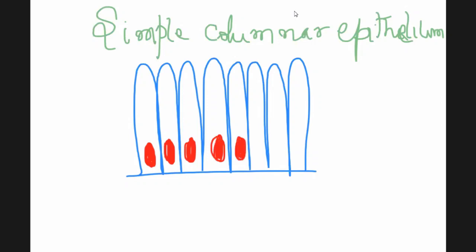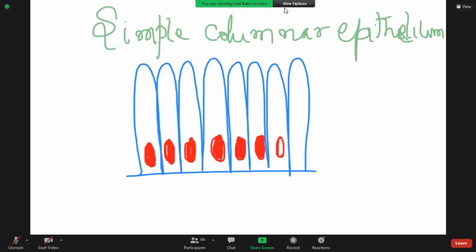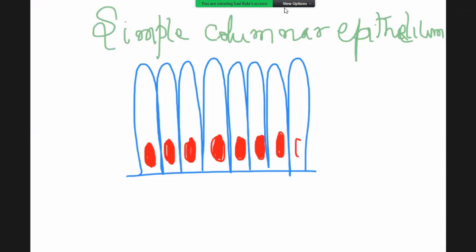What is the secretory cell organelle in the body? Golgi complex. So, there is a large oval nucleus here. For cuboidal epithelium, the large nucleus is spherical, ball-like, in the center.